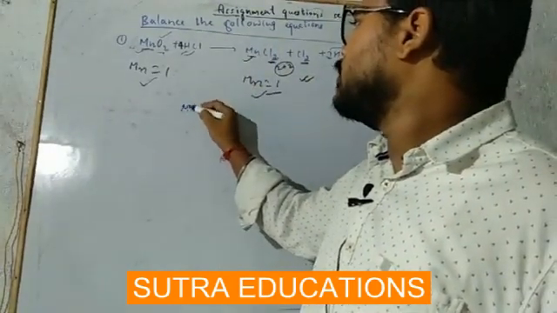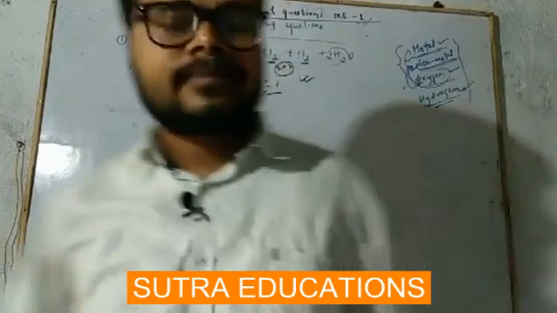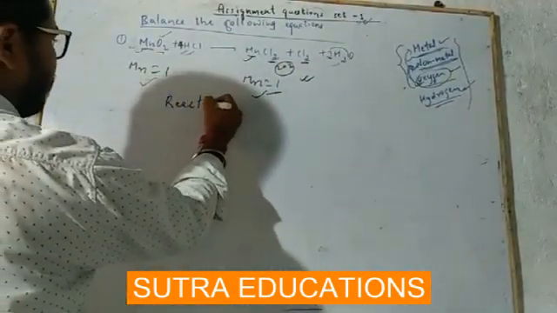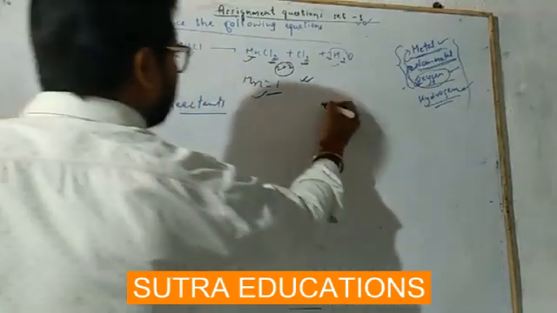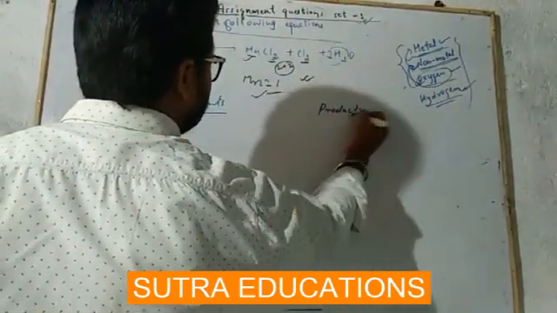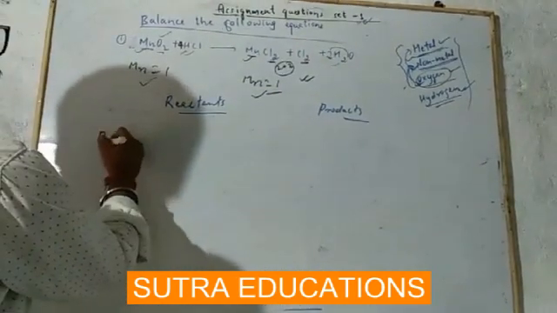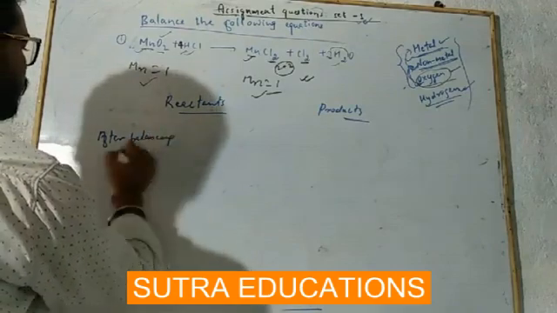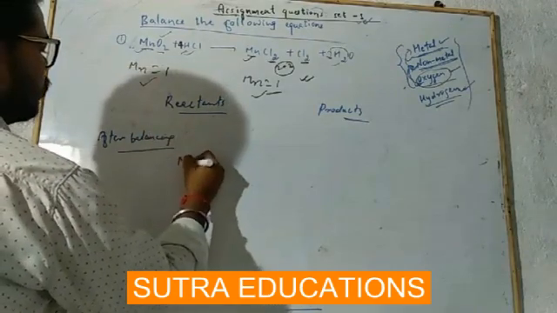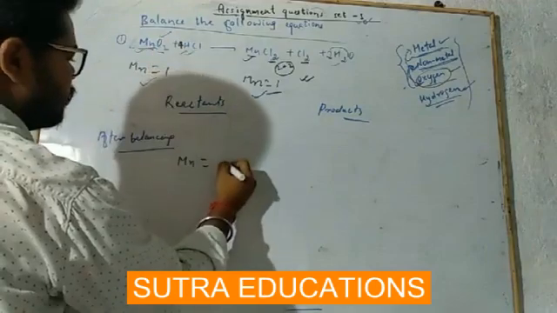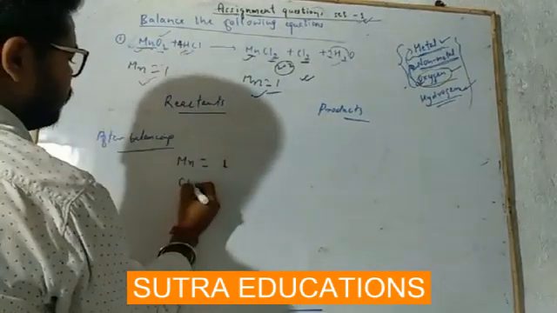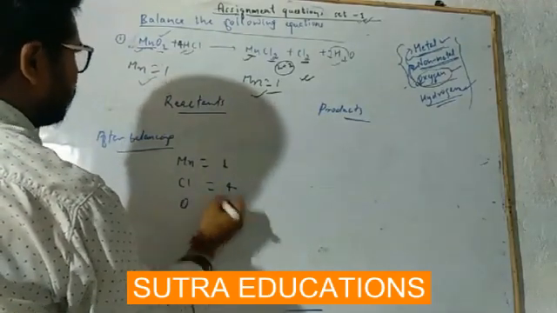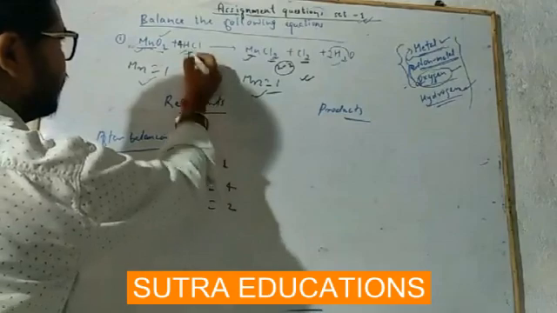How? Mn right here. Reactants are present this side, and products are present this side. So after balancing, manganese is equal to 1, chlorine is equal to 4, oxygen is equal to 2, and hydrogen is equal to 4.